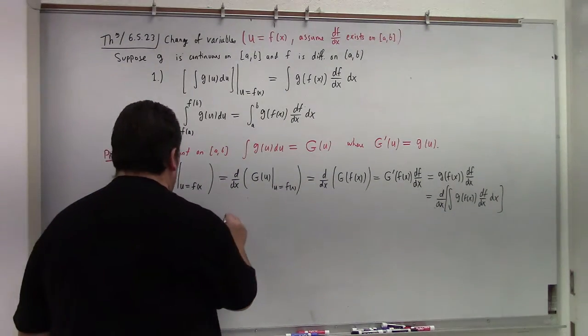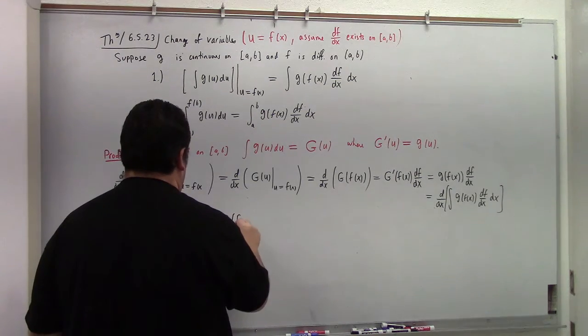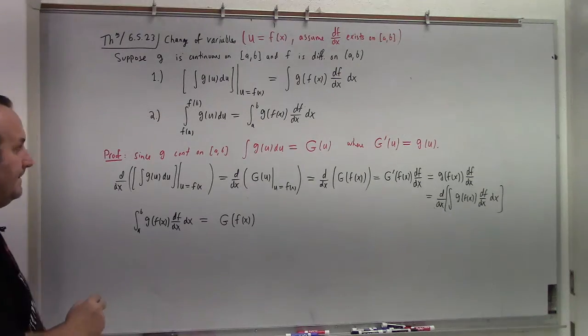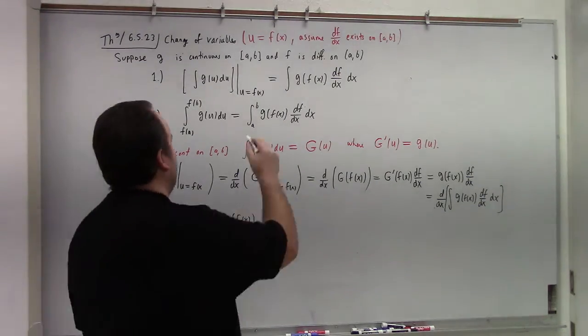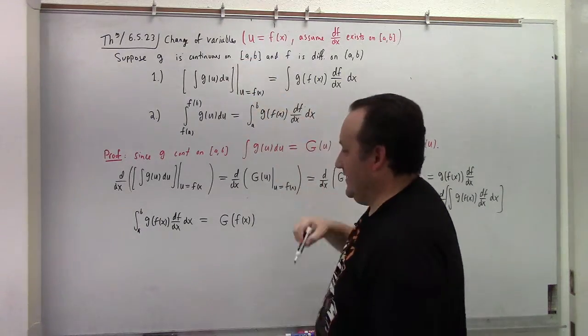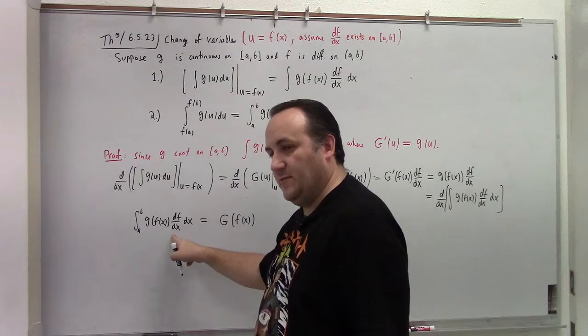It is big G of f of x. I mean, that's what this is, right? The left-hand side is big G of f of x. So that's an antiderivative for this by 1.